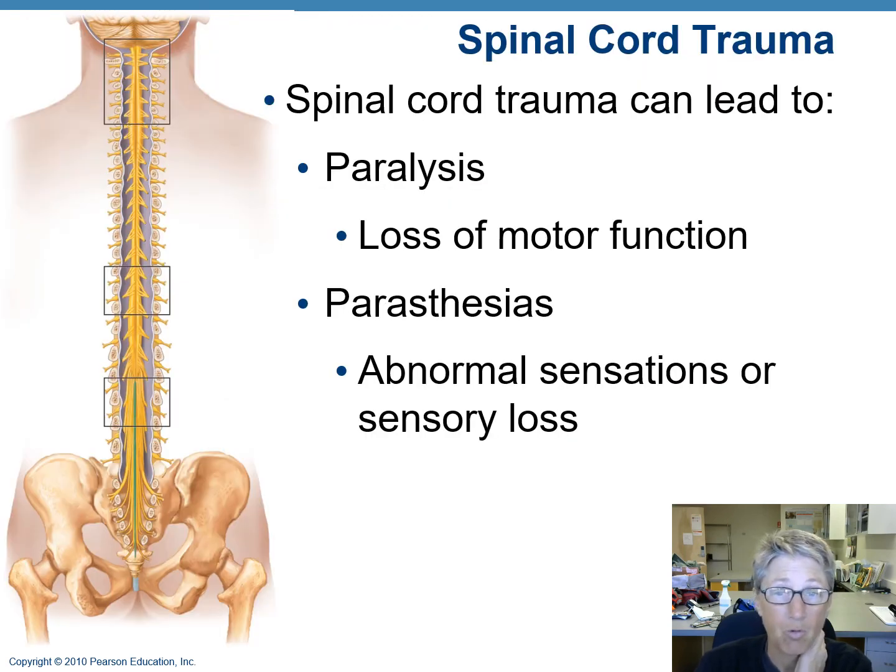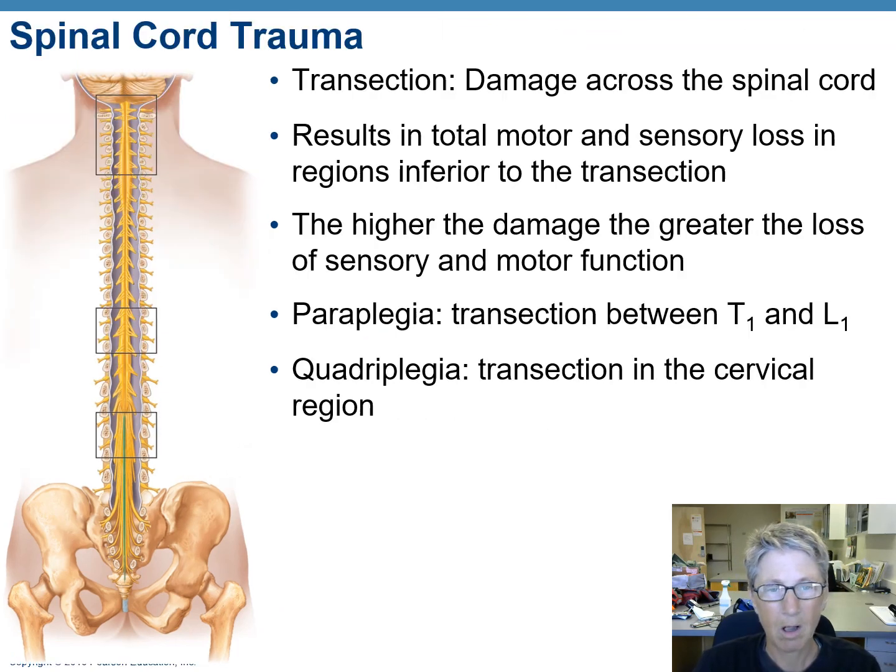Spinal cord trauma can lead to paralysis, so you lose motor function. Spinal cord trauma can also lead to paresthesias, and that's just an abnormal sensation or sensory loss. Spinal cord trauma can be a transection.